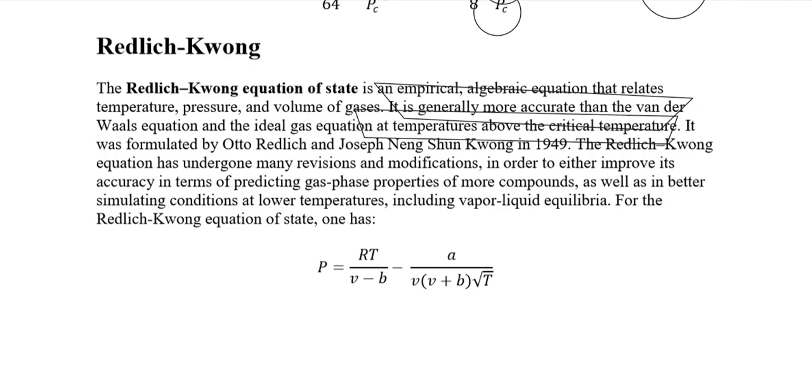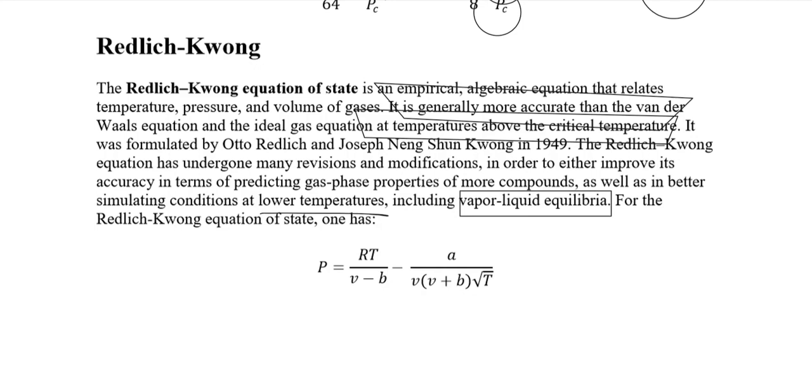It was formulated by Redlich and Joseph Kwong in 1949. It has undergone many revisions and modifications, either to improve its accuracy or to better simulate conditions at lower temperatures, near vapor-liquid equilibrium, or to include vapor-liquid equilibrium as well.